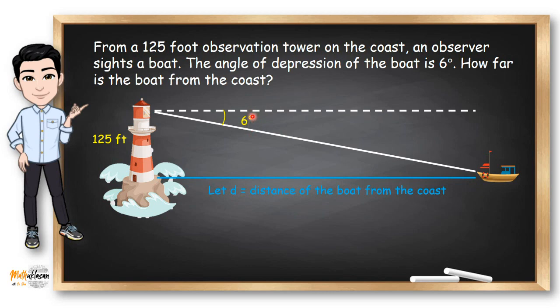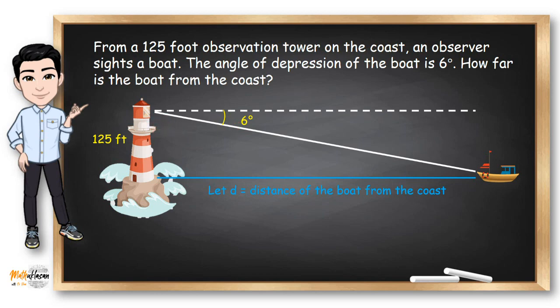One of the common mistakes of the students, nilalagay nila yung angle of depression dito, kasi nga naman, baba. Pero lagi yung tandaan, ang angle of elevation at depression are always between the imaginary line of sight and the line of orientation, which is the horizontal line. So, ito yung ating angle of depression at hindi ito.